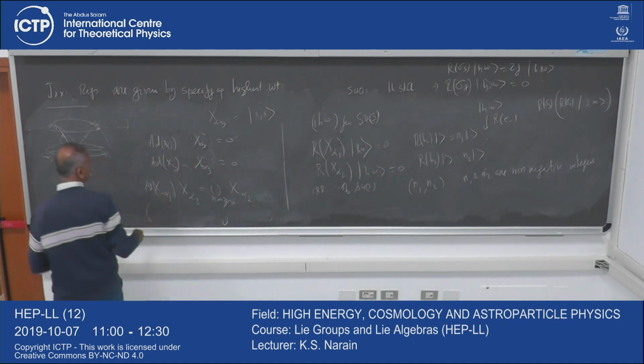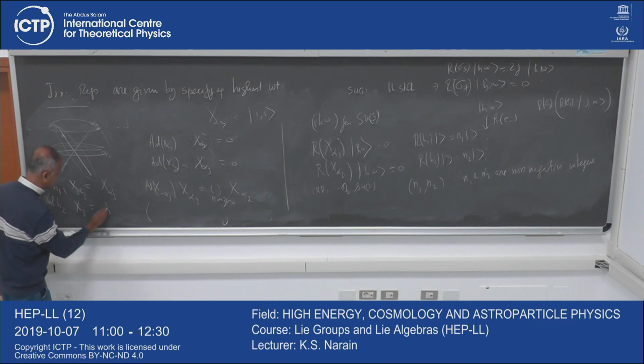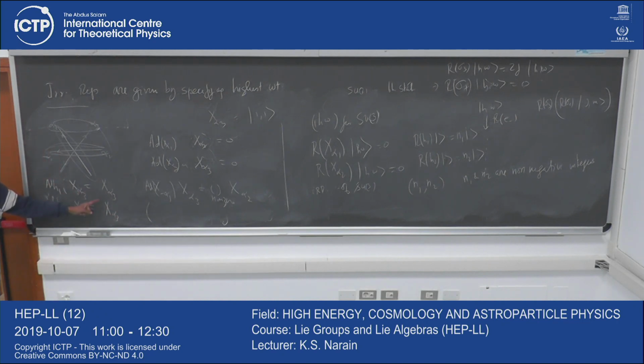And one can explicitly check it: ad h1 acting on x alpha 3 equals plus 1 times x alpha 3, and ad h2 acting on x alpha 3 is again plus 1 times x alpha 3. So those are the eigenvalues n1 and n2. It is exactly 1, 1.